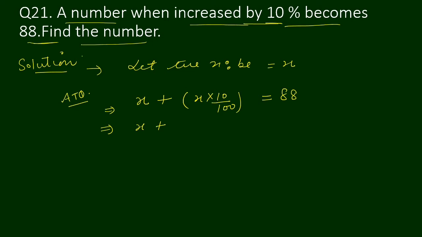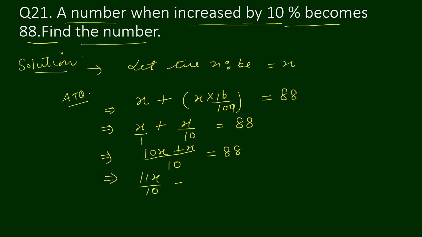Now x plus, the zeros cancel, and it becomes x upon 10, that becomes 88. Now this is a rational number, you know how to add it. 10x plus x upon 10 gives 88, so 11x upon 10 gives 88.